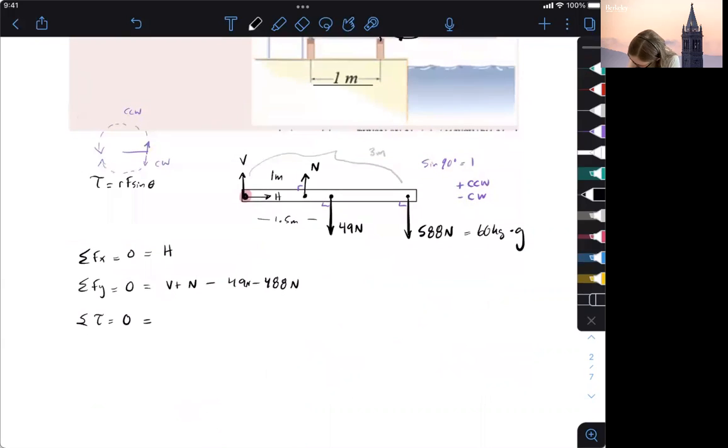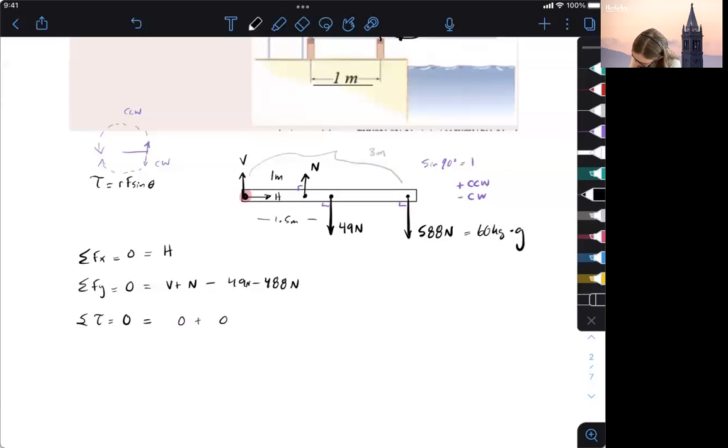So let's do our sum of torques equation. These two forces are a distance of 0 away from the pivot point, so we just put 0 torque for each of them. The H force is also horizontal, so the angle is 0 degrees, and the radius is 0 for that one.